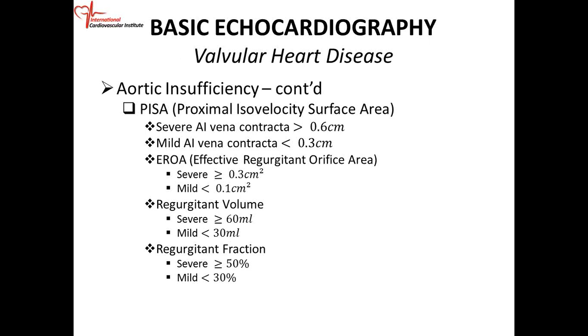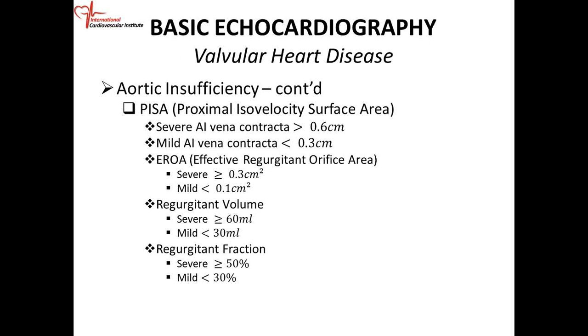And that's going to equal the regurgitant flow. Regurgitant flow is equal to the effective regurgitant orifice area times the velocity, which is going to be the AI velocity. And then you can calculate your EROA.